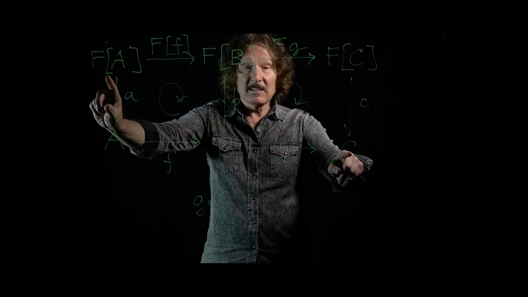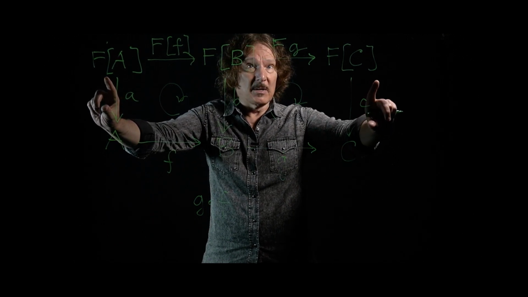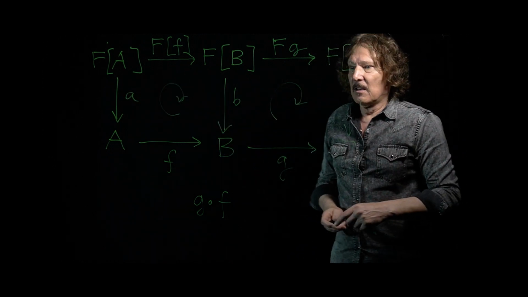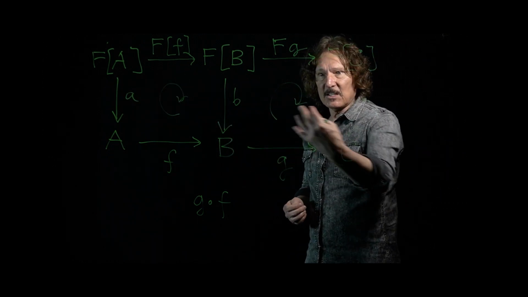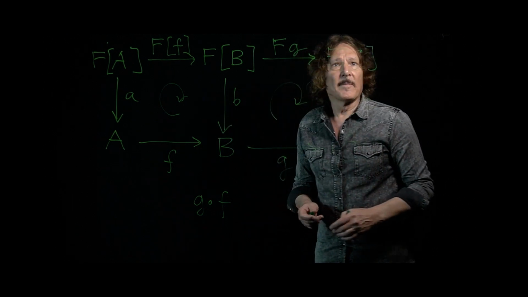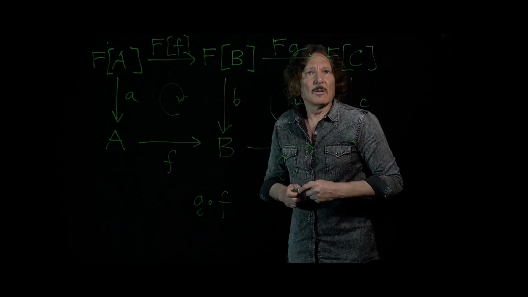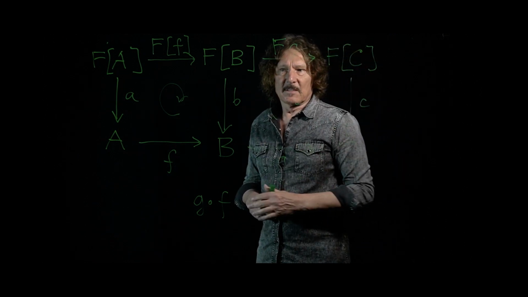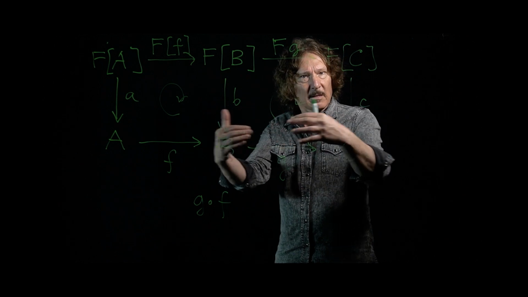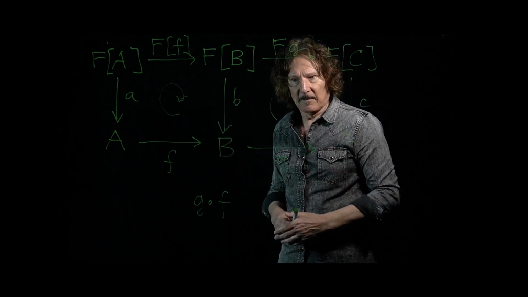It maps this algebra to this algebra. So we have a composition of these mappings. Now these mappings of algebras in category theory are called algebramorphisms. Algebramorphisms can be composed together.